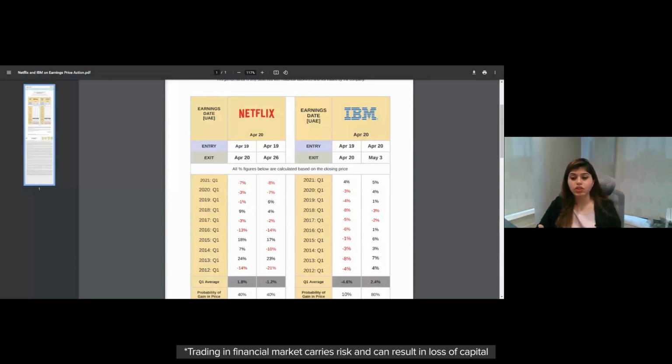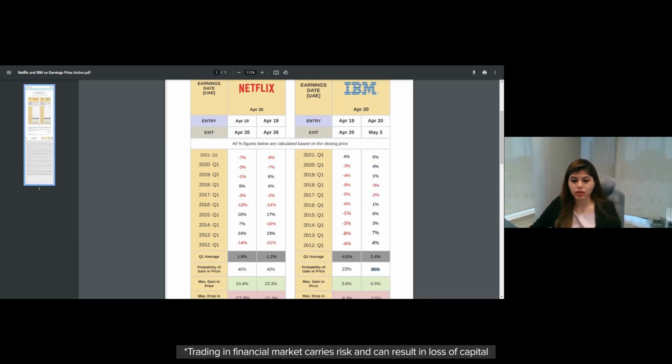So when things are changing for the company, there's a good chance that this could be a trend changer. IBM, in fact, rallied on earnings this year, and it continued with its rally, which we had forecasted according to the price action report.